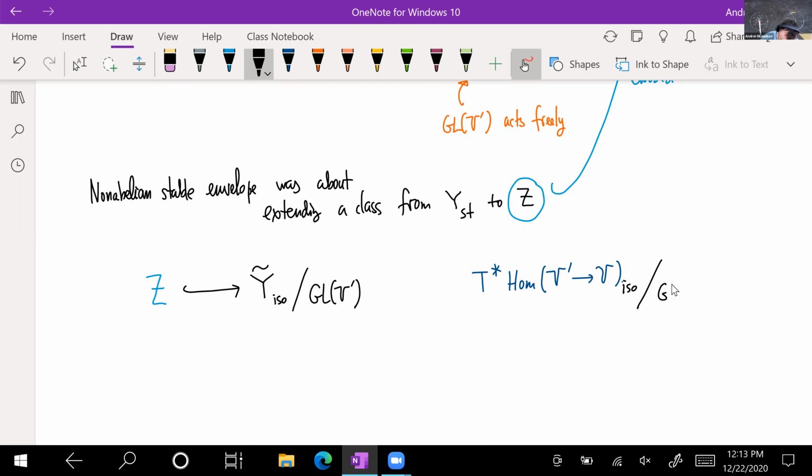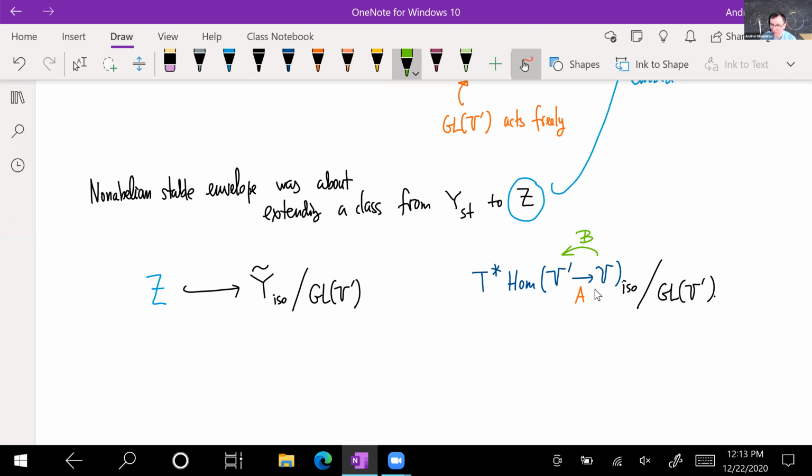And we take it mod GL_V prime. What do we get here? Here we have a map, maybe call it A, and A is an isomorphism. And then we have the map B going the other way. So what's the quotient?